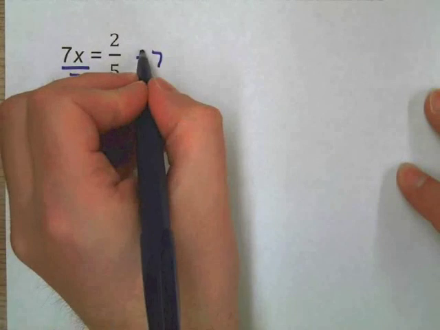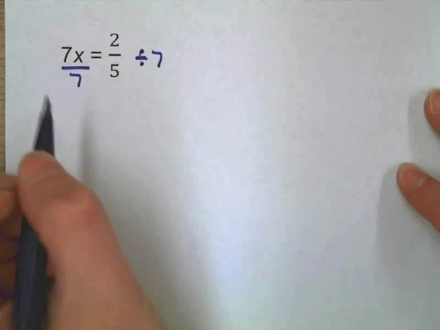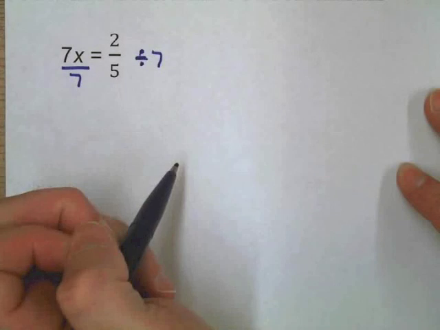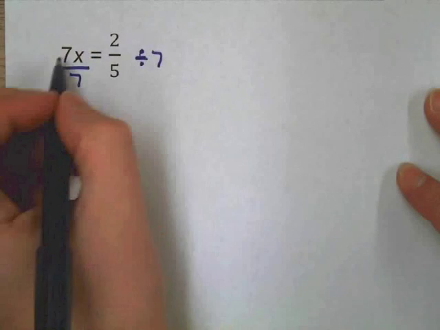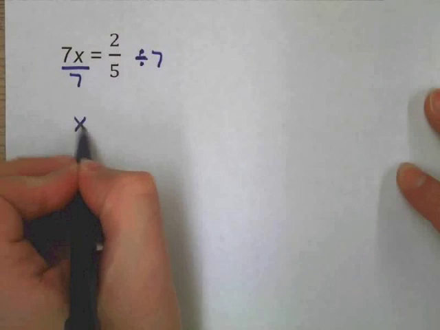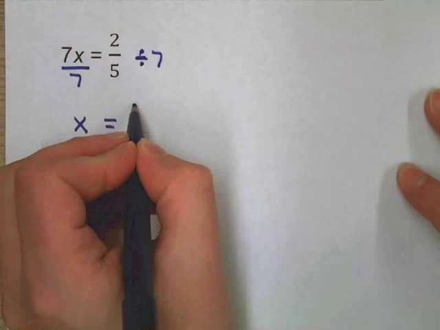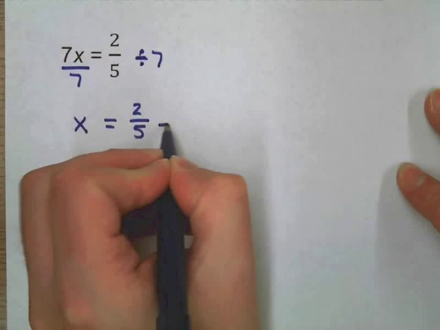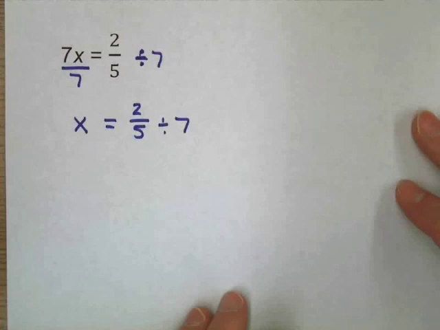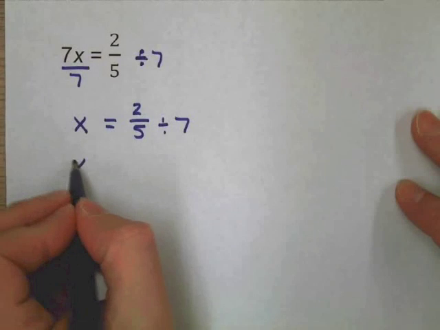Now I wrote it in two different fashions, but this is divide by 7 and this means divide by 7. I'm doing the same thing. Well, 7 divided by 7 is 1, which means that this is just x, and that equals 2/5 divided by 7.